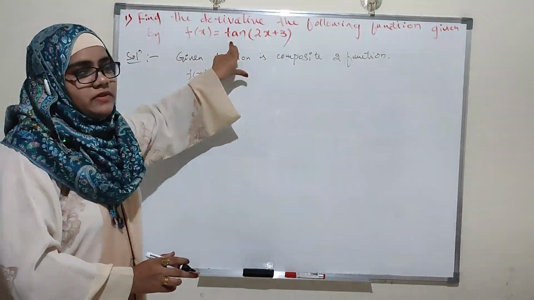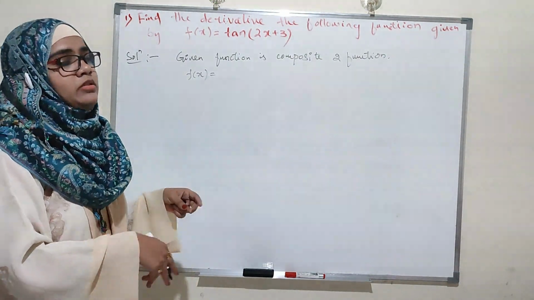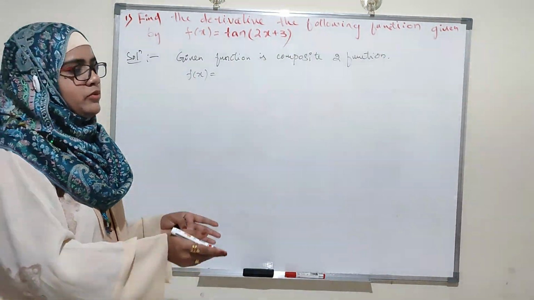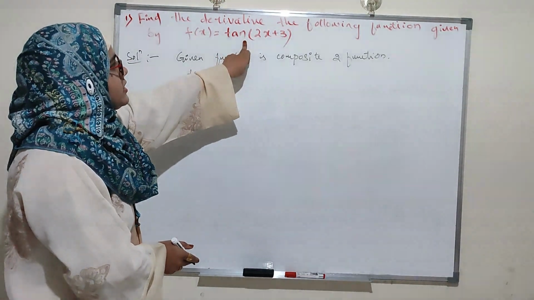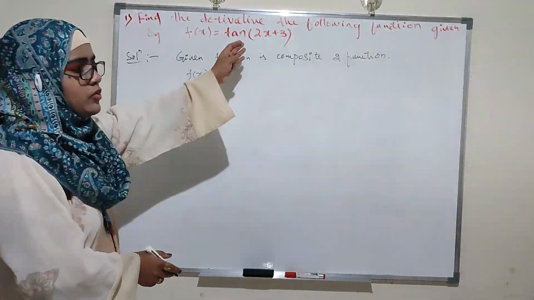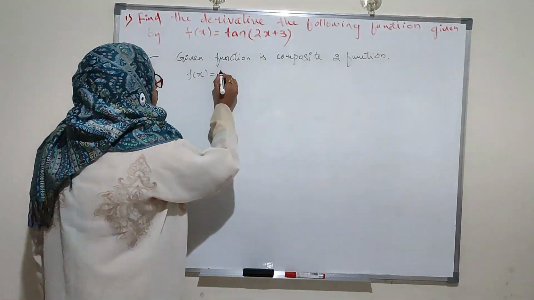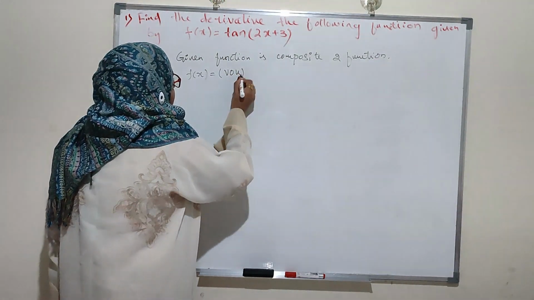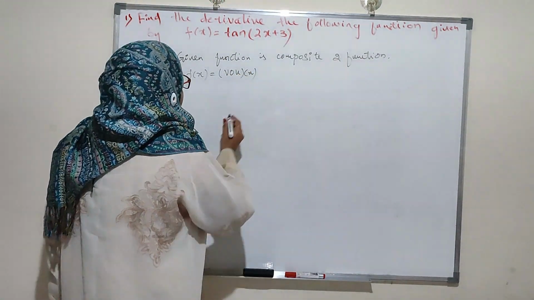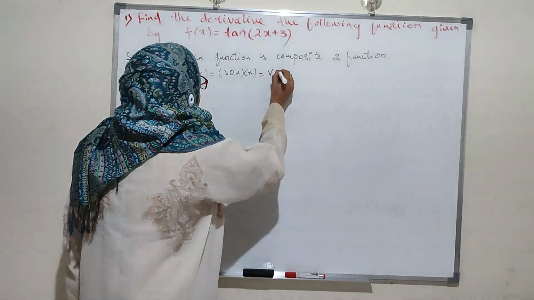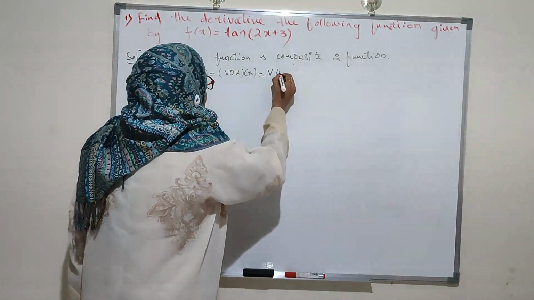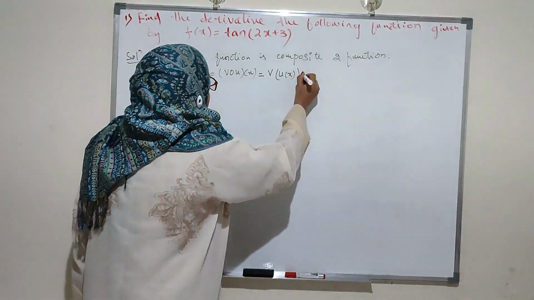So we are taking f as the composition of two functions. Composite means tan is one function and 2x plus 3 is another function. So v of u of x, we can write in this way also.